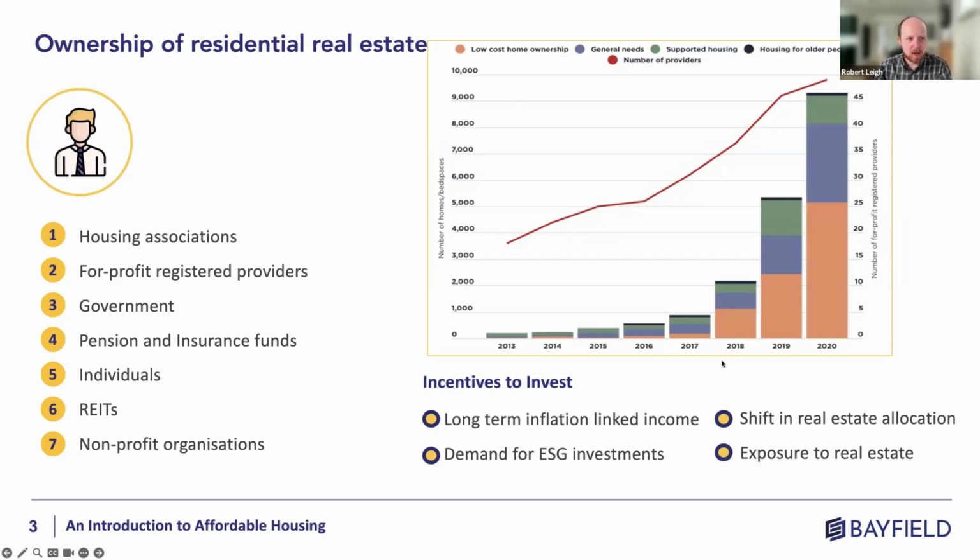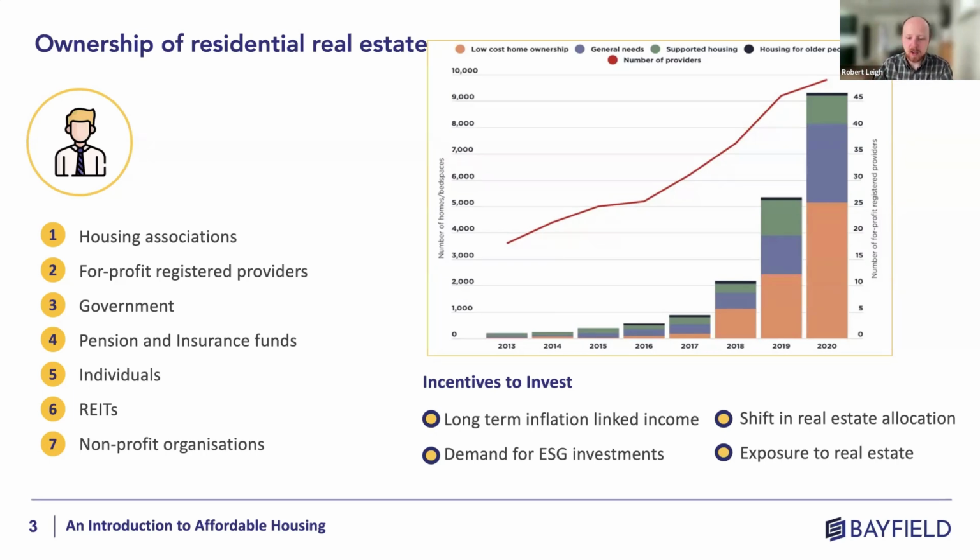ESG is very big at the moment, of course. So some of these pension insurance funds who want to listen to the people who are contributing into the pension, who have an ESG focus, may think that actually this is a good way of owning rental properties compared to the private market sector, i.e. they're helping tenants out through this affordable housing.